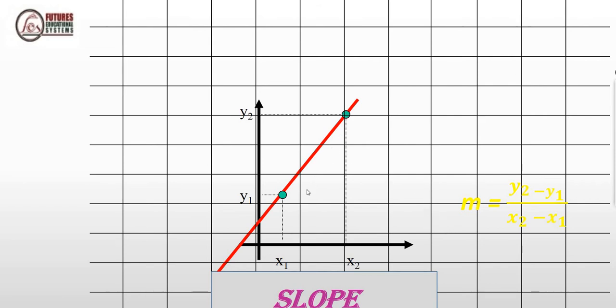If we have any 2 points on the coordinate plane, the slope equals difference in y over difference in x. We studied this before.